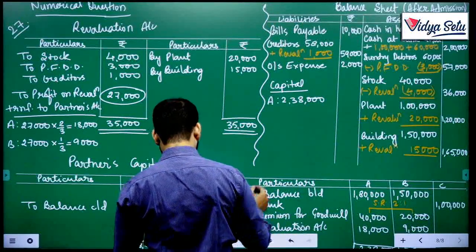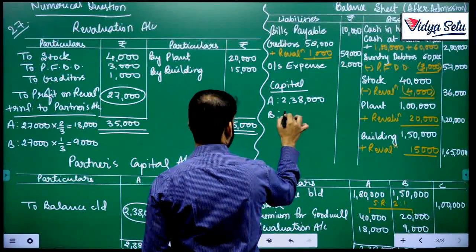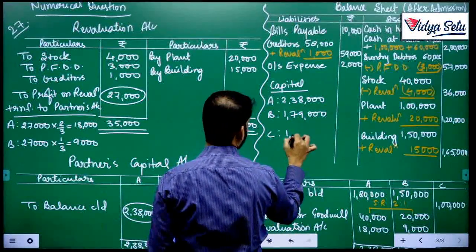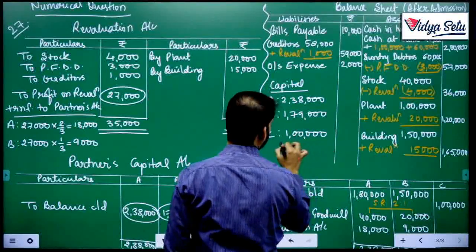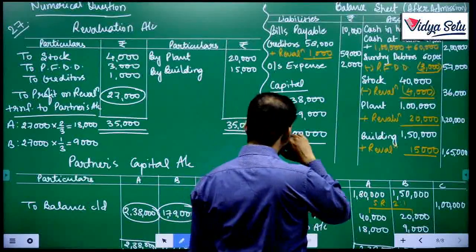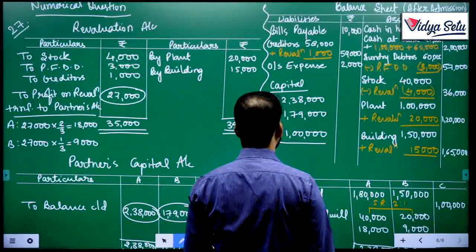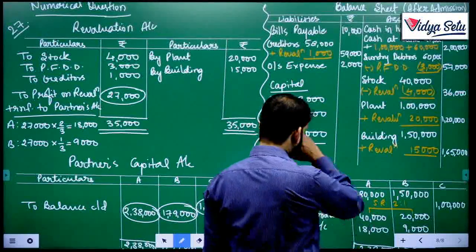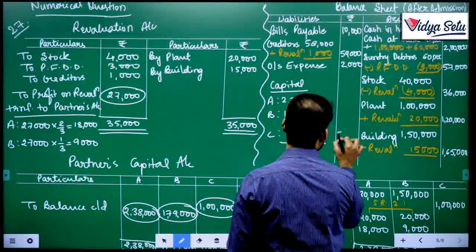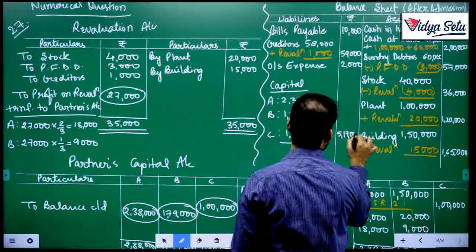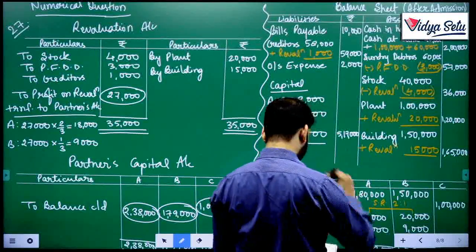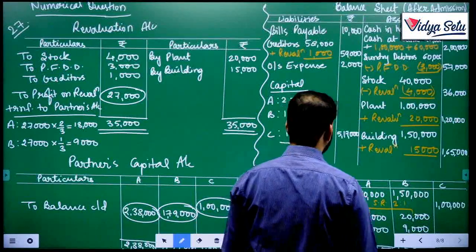B is 1,79,000, and C is 1 lakh. So let's do the total. 2 plus 3 plus 1, 4, 4, 5 lakh, 8, 5 lakh, 17. And let's do the total and see whether our balance sheet is coming equal or not.